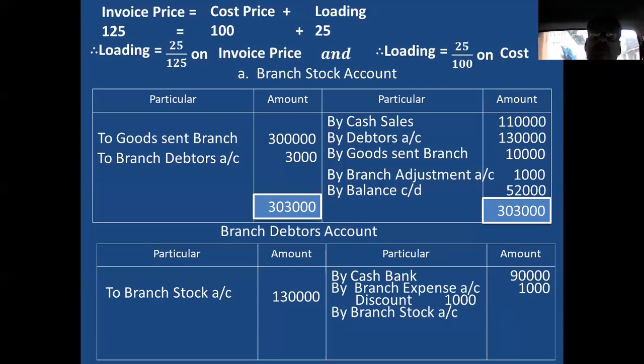If you want to confirm it, you see this. Here is branch stock account. It comes here. And here is the debtors account. Credit sale. Okay. You enter like this. Credit sale and sales return. This is the point you remember.